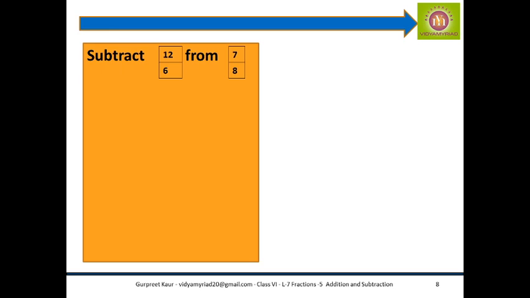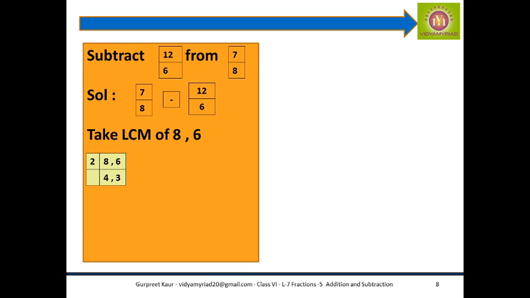Next example. Subtract 12 upon 6 from 7 upon 8. When it is from, you will write 7 upon 8 as your first number, put a minus sign, and then write 12 upon 6 as your second number. Now take the LCM of 8 and 6. When I take it, I get 24.